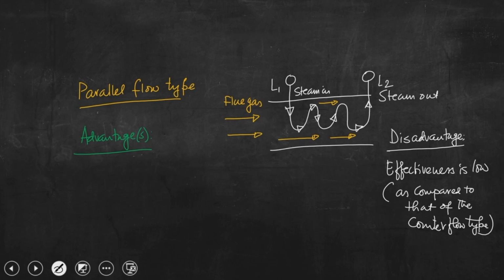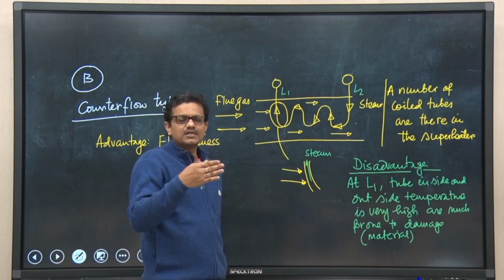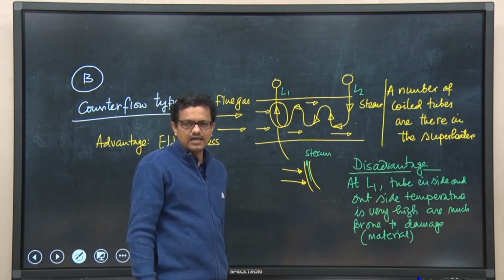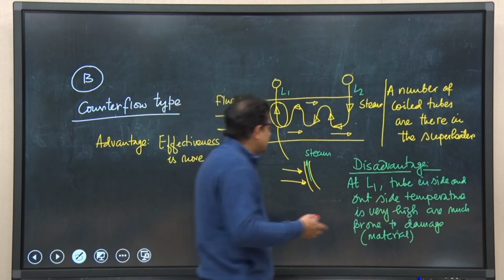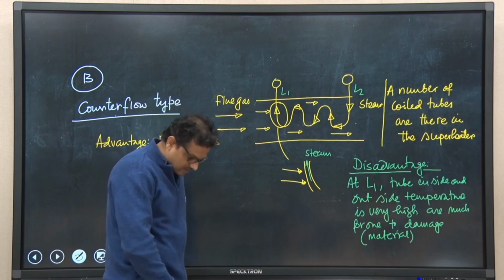Now, if we compare counterflow vis-a-vis parallel flow, in the last one, in the context of counterflow, we have seen that steam is coming from the extreme right to the left. If we go back to the previous slide, we have seen that at this particular location the temperature of steam inside is very high, also the temperature of the tube is very high. It is because of this reason that material may get damaged and chances are there of leakage.